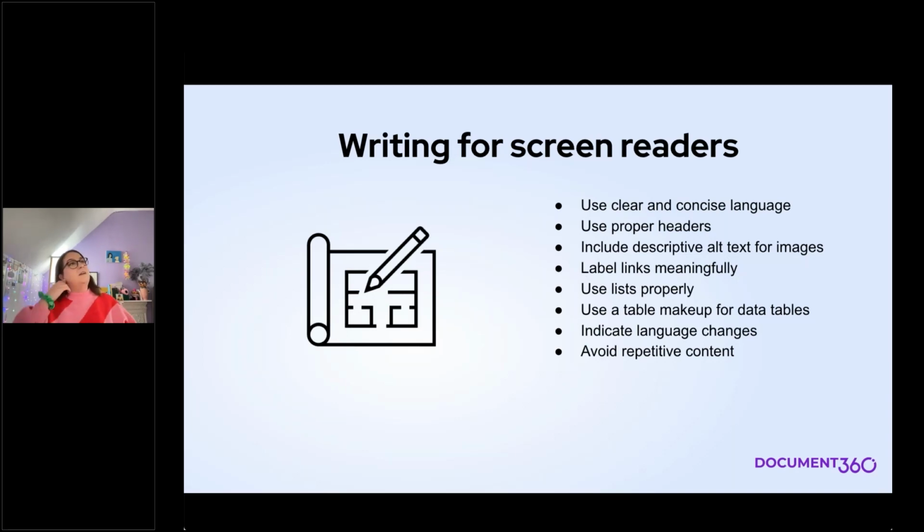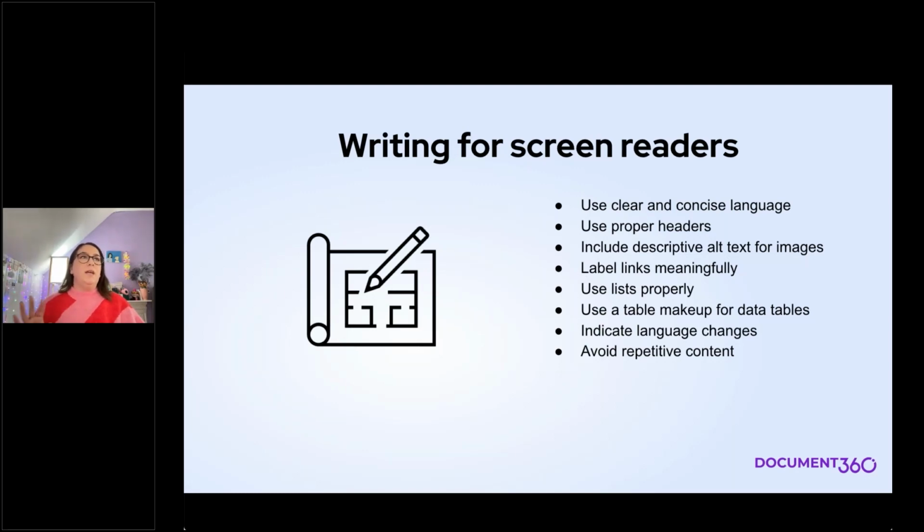The first one is to write clear and concise language. Write in plain language and avoid jargon, complex sentences and unnecessary information where possible. Keep sentences and paragraphs short and to the point. Next one is proper headers. It's really important for screen readers to understand the structure of content by having the proper headers.